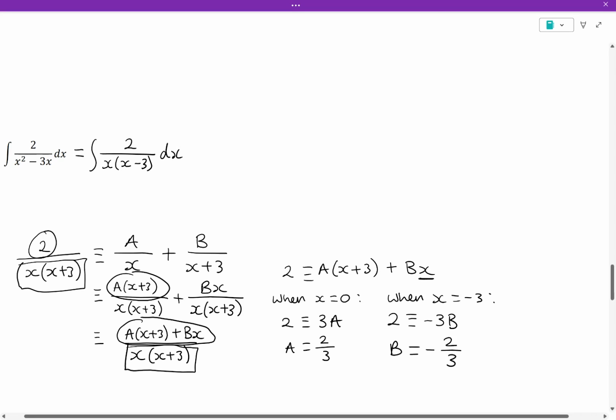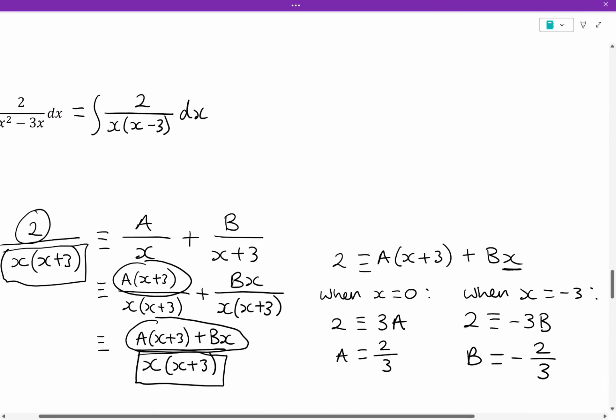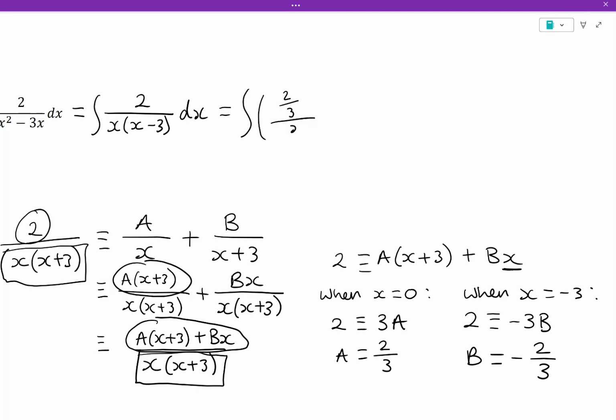So what I can now do is go back to my integral, and we're going to use both of those values. I'd write equals the integral, and then in brackets, because we're going to have multiple fractions added or subtracted together, we've got a over x, so that would be 2/3 over x. And then we've got the negative for b, so I'm going to put the negative in front, and then 2/3 in the numerator, and x plus 3 in our denominator, and then close brackets dx.